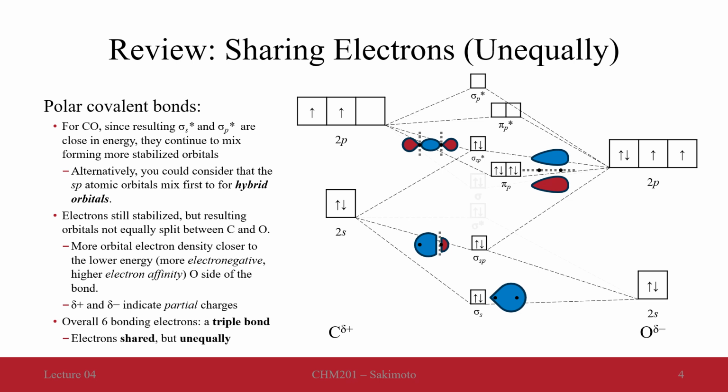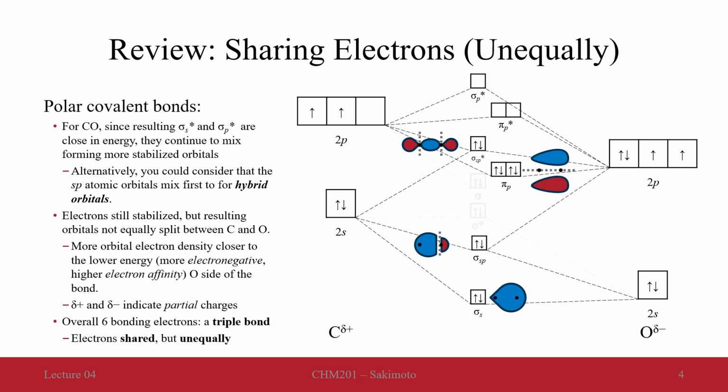Other things we might notice about this particular MO diagram is that while all these orbitals are low in energy, a favorable interaction, these electron orbitals are not quite evenly shared between our carbon and our oxygen.